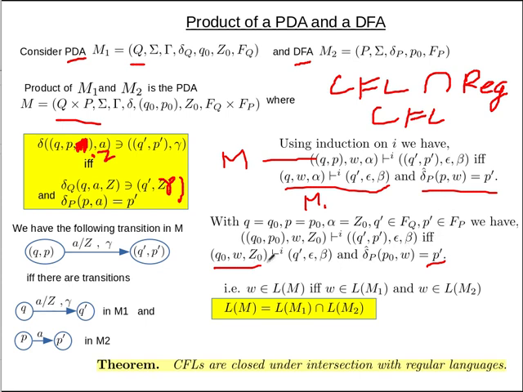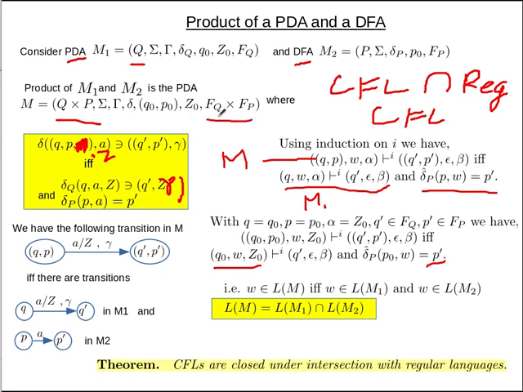So this w is separately accepted both in the language of this M1 and in the language of this M2, if and only if it is accepted here, because this is what the final state is.